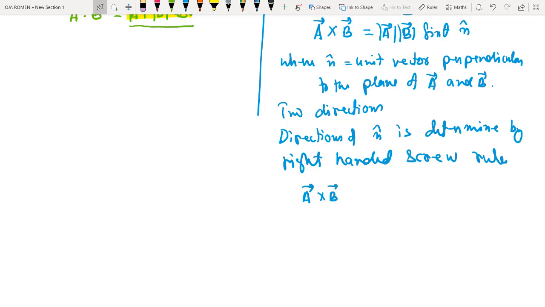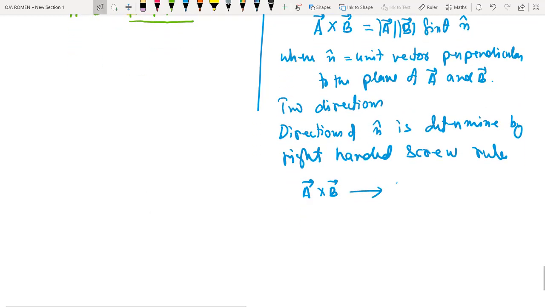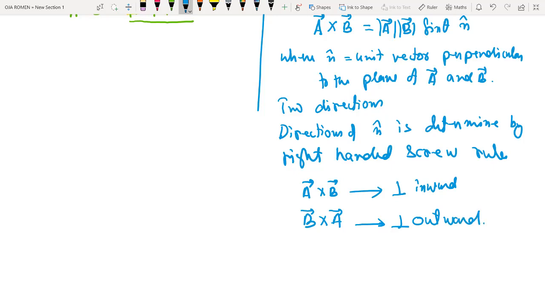A cross B is in the perpendicular inward direction, and B cross A will be in the perpendicular outward direction.